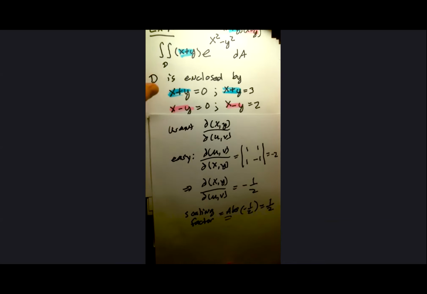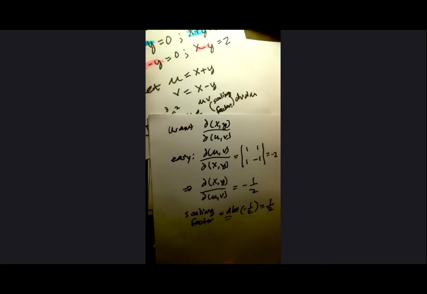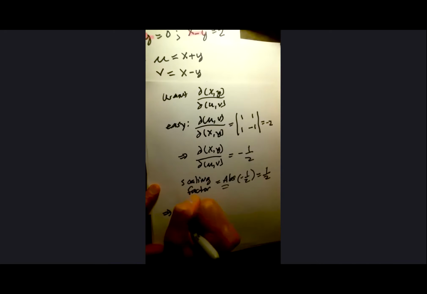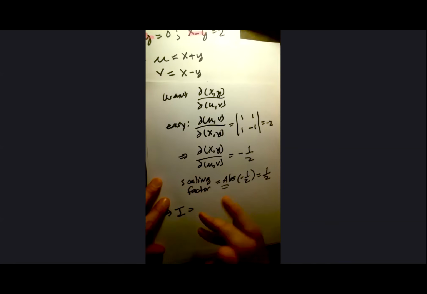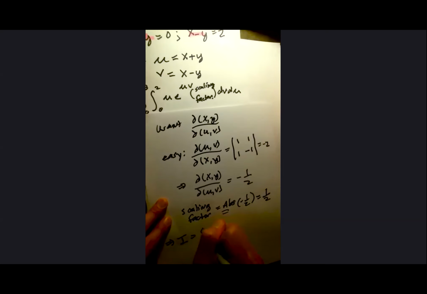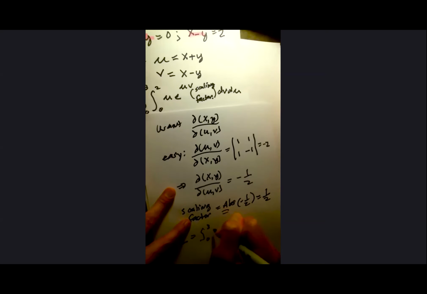That allows us to go back in and set up our integral. 0 to 3, 0 to 2, u e to the uv times 1/2 dv du.